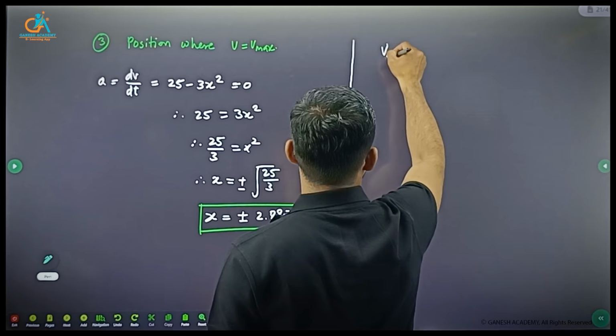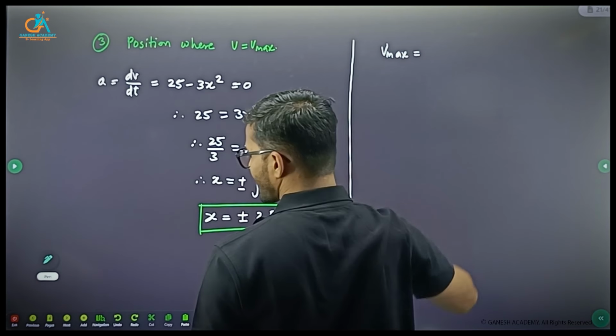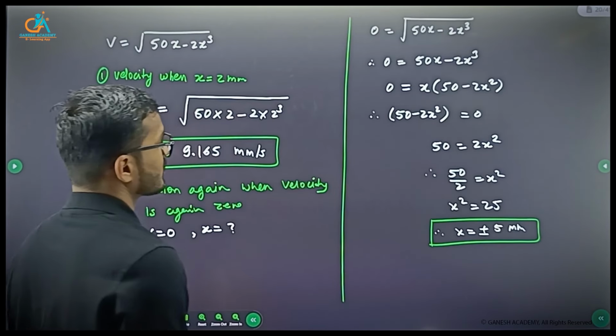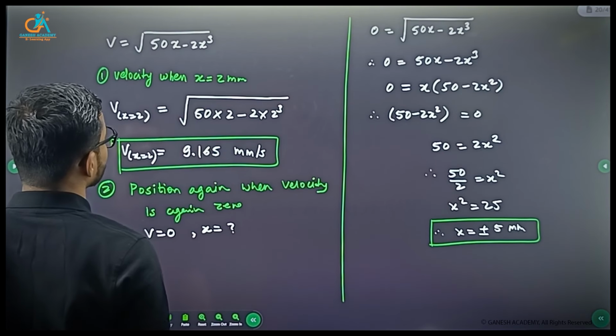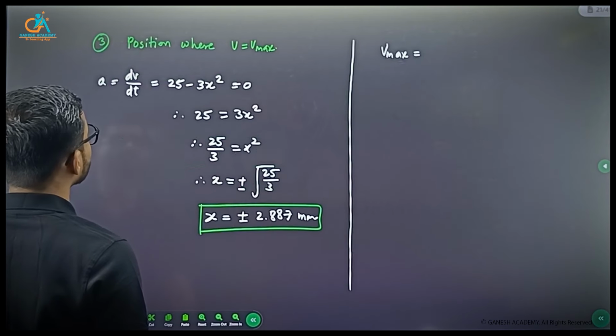So Vmax is equal to what? So V function is 50 under root of 50x minus 2x cube.